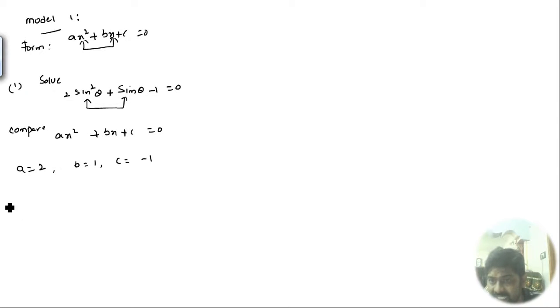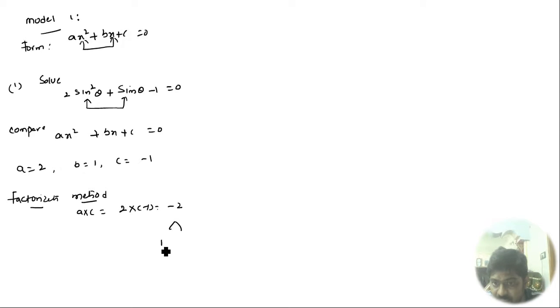So we have to apply the factorization method. We do a into c, that is 2 into minus 1, nothing but minus 2.